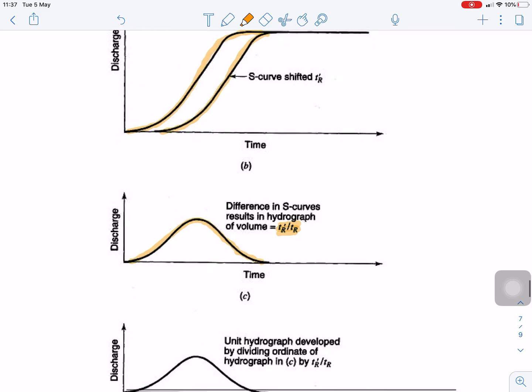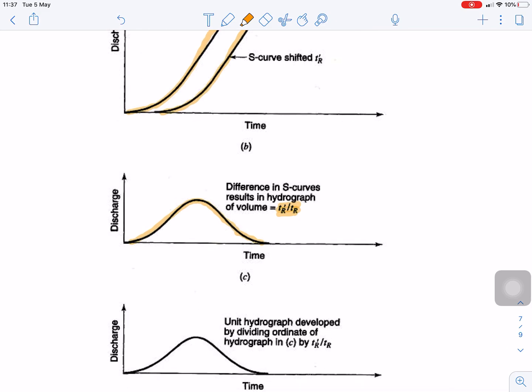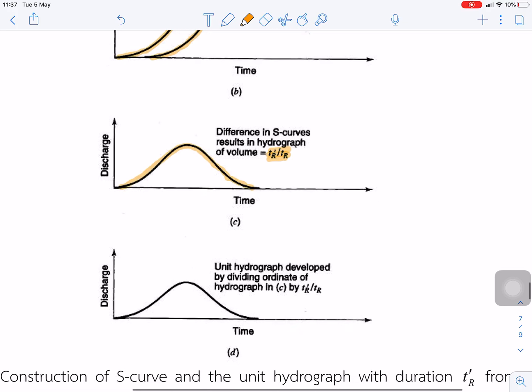Next we have to adjust the area under the curve to be 1 again. The ratio is 2 divided by 6, so to adjust the area under the curve to be 1 again, we have to divide the ordinate of the graph by this number.